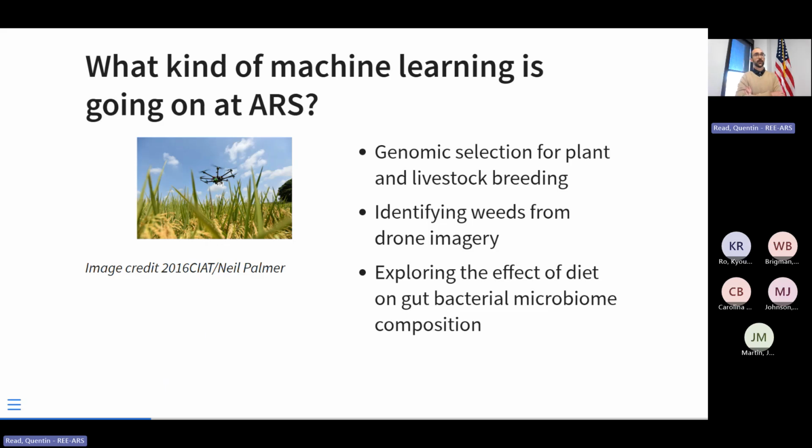So some of you may already be familiar with this, but what kind of machine learning are people here at ARS doing? Well, at least from the experience that I have with people in the Southeast area, obviously a lot of breeders are doing genomic selection to essentially predict traits of interest from genomic data.